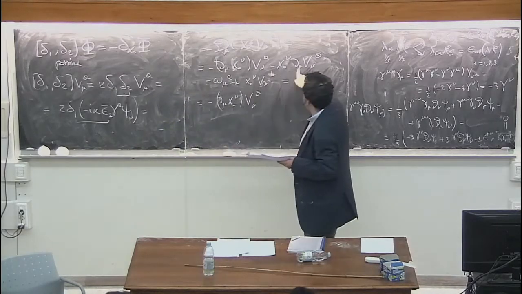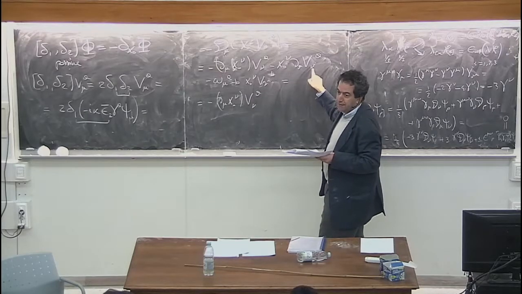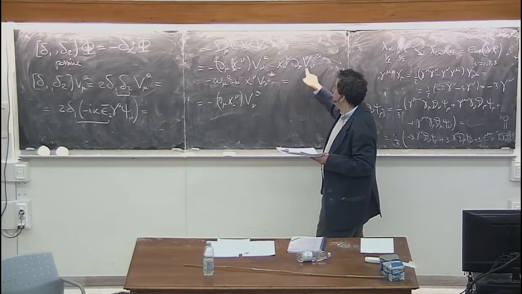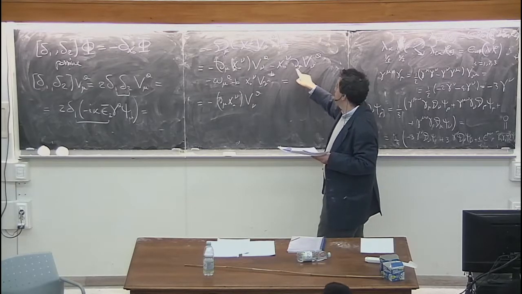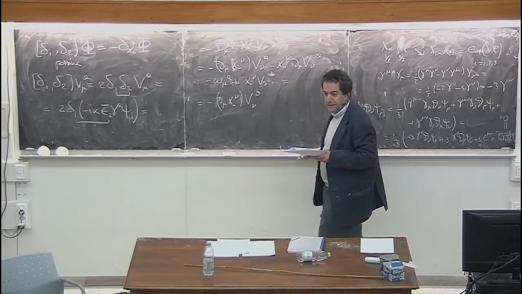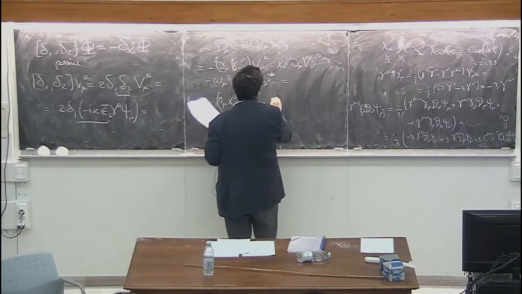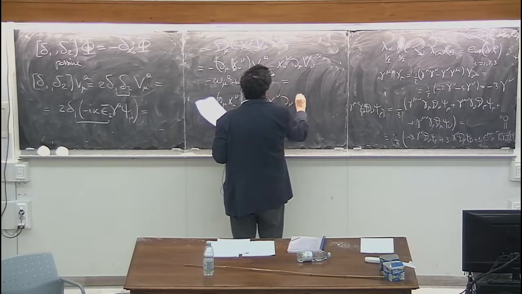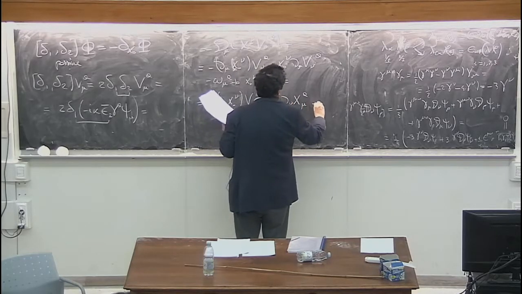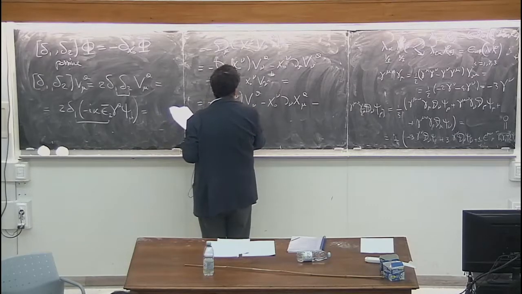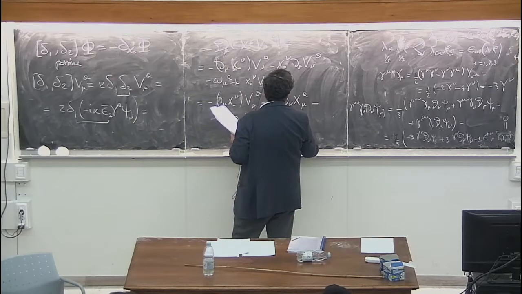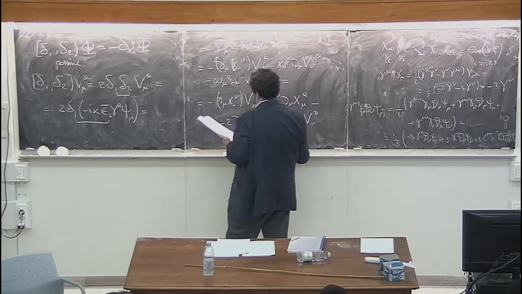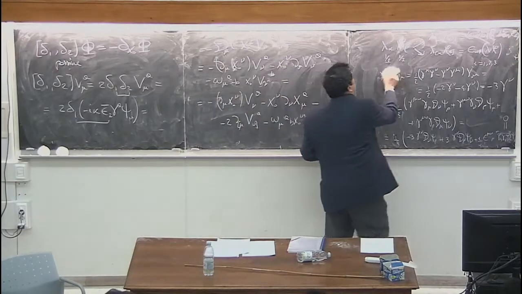Here I want to interchange these two indices, so I write this as the term with the two indices interchanged, plus twice the anti-symmetrization: minus x naught nu d nu V mu a minus twice d mu V nu a minus omega mu ab x naught nu V nu a. Okay? Very good.